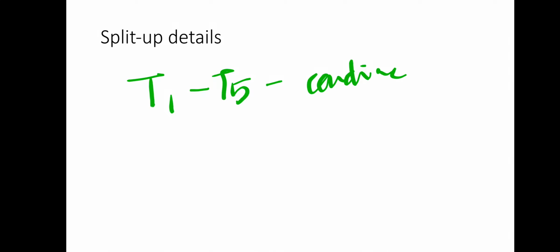Coming to the split up details of T1 to L2, T1 to T5 is for the head and neck region and for the cardiac, pulmonary, and esophageal plexus.